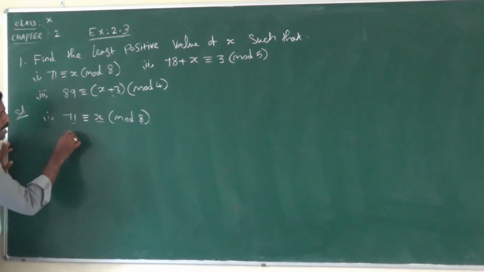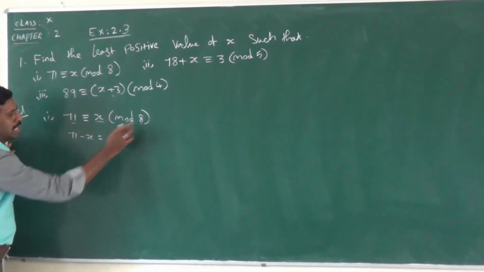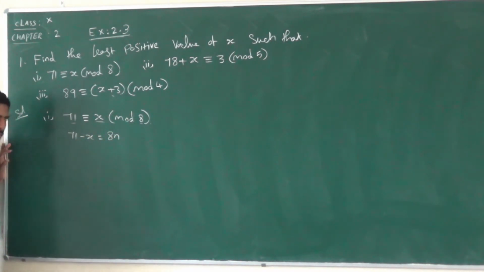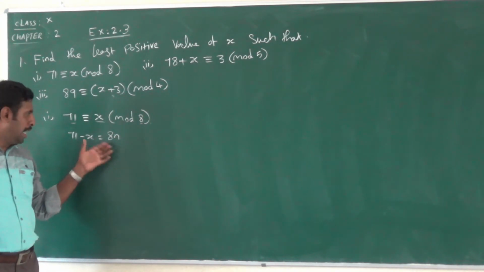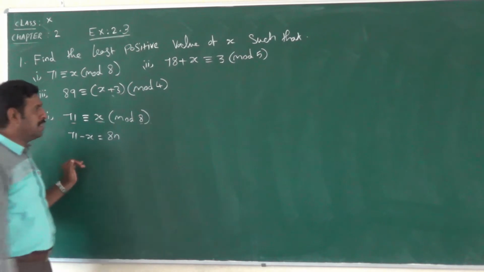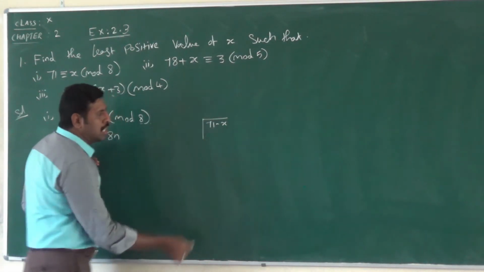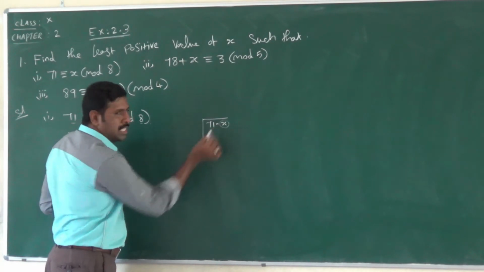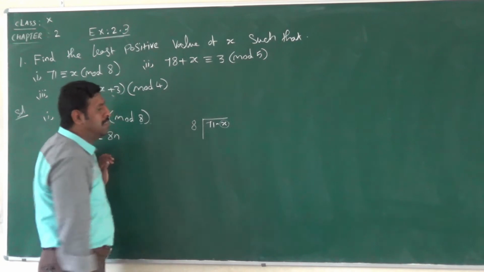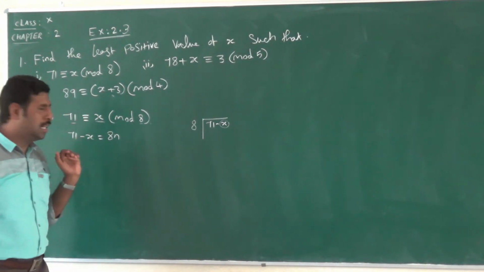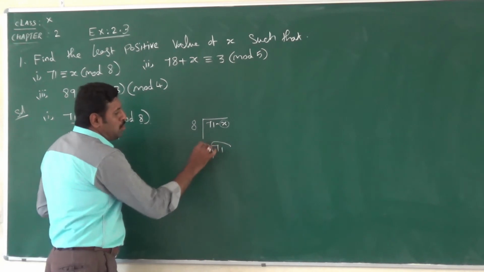So this can be written in the form 71 minus x is equal to 8n, some constant, right? So 71 minus x is a number that is exactly divisible by 8. So what number should be subtracted from 71 so that it is exactly divisible by 8, right?